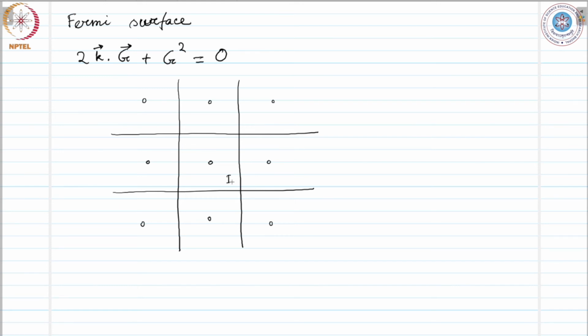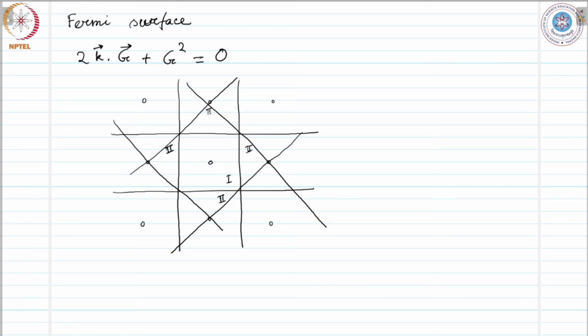Then comes the second neighbor, that's here. So these are the bisector planes. This gives us the second Brillouin zone here, here, here and here.